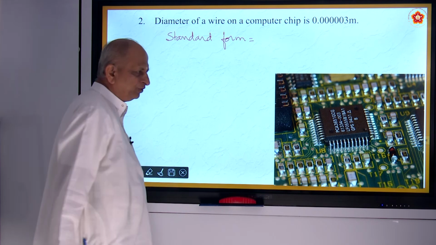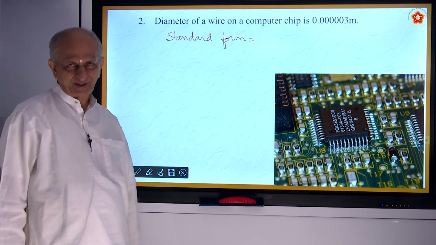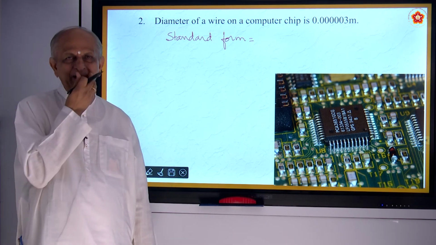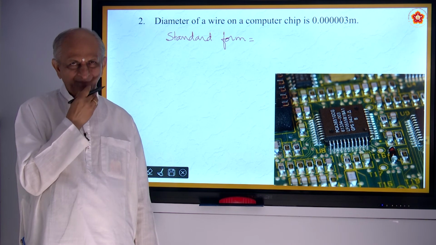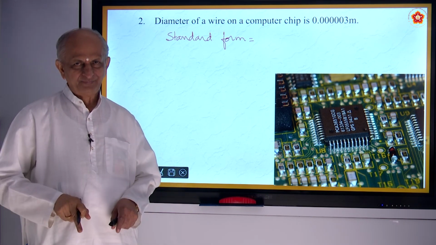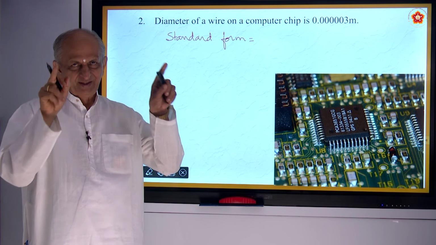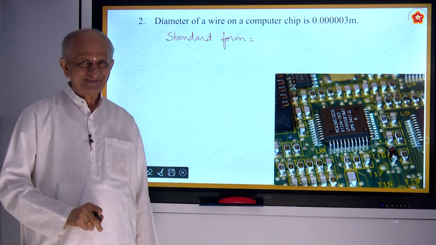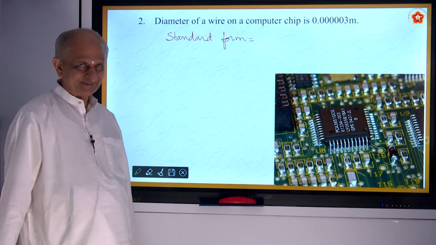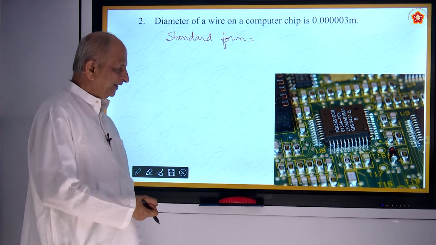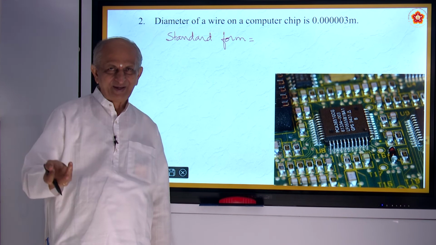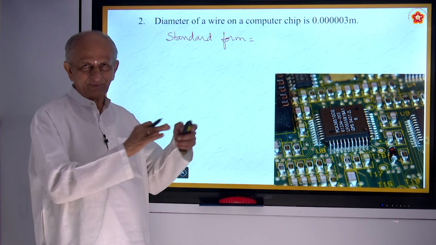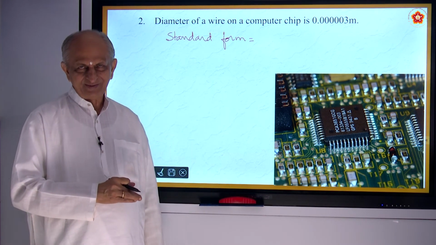I think most of you know how to operate the computer, right? What are the main parts of computer? You will have a keyboard, you will have a screen, you will have a mouse, correct? All these are there. And you will have hardware and software. These materials what you see is called hardware.